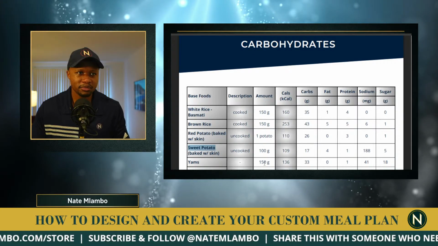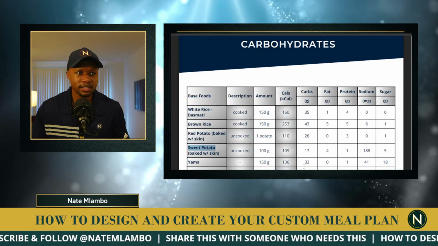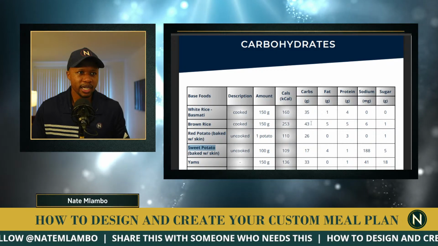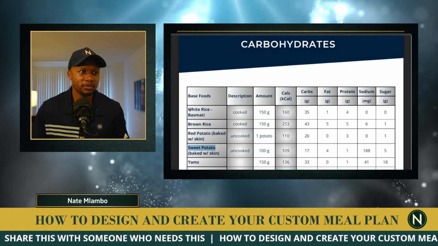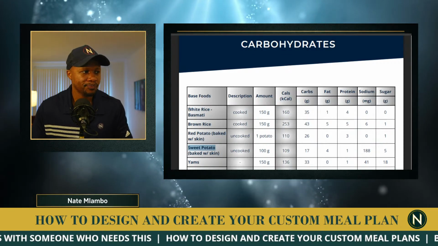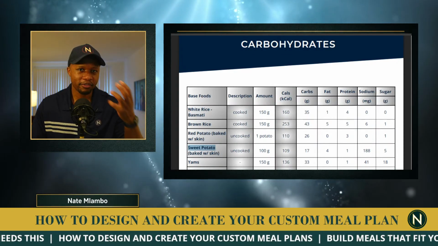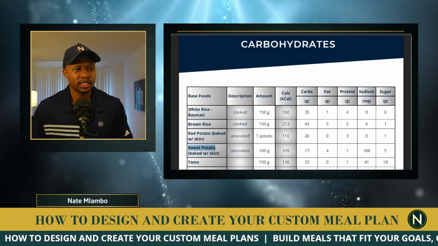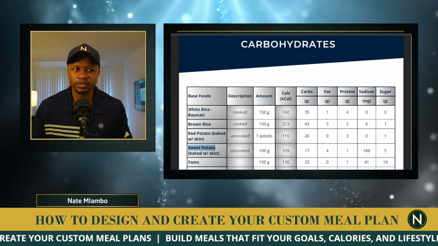So same thing with yams. Yams, 150, comparable to white rice, but brown rice will have a little bit more calories than white rice, basmati specifically. Because if you look at different types of white rice, they also have different amounts of calories as well. And you want to keep track of that. So don't just think that it's all the same.